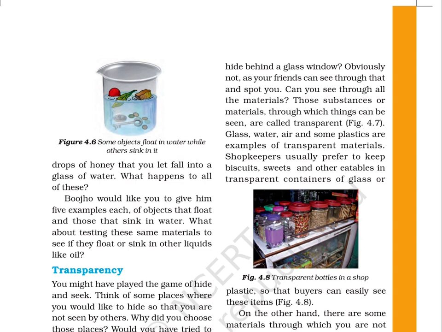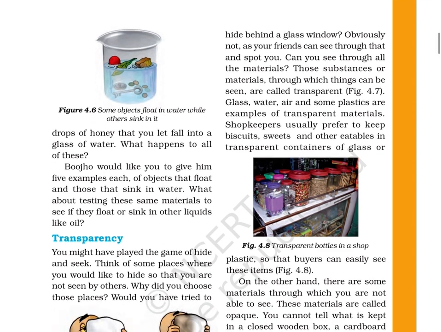Figure 4.7, which shows looking through opaque, transparent or translucent material. Glass, water, air and some plastics are examples of transparent materials. Shopkeepers usually prefer to keep biscuits, sweets and other eatables in transparent containers of glass or plastic so that buyers can easily see these items, as shown in figure 4.8.